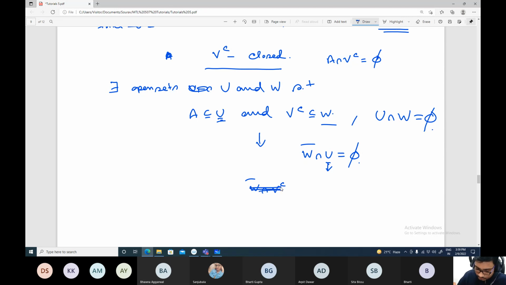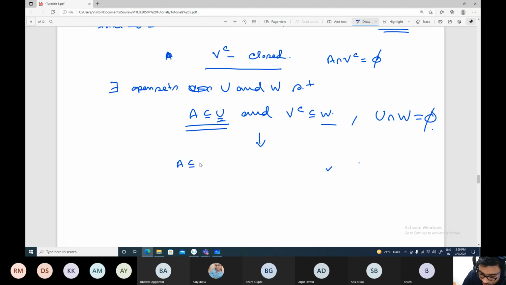No, not this one, I want something else. Sorry, I made a mistake. We do not need this one. Look at this one. Now A is a subset of U, right? And also U closure intersection this W is equal to phi.